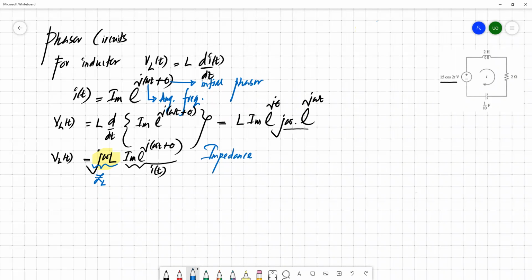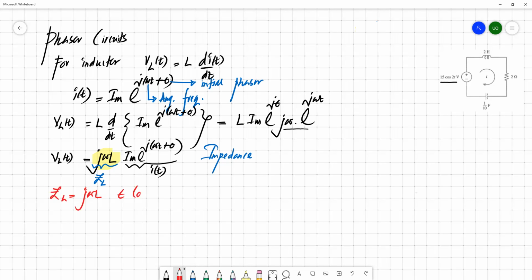From this equation, we can basically get the impedance of the inductor as j omega L. L is the inductance of the inductor, omega is the angular frequency of the source, and j represents the complex domain. So the impedance of the inductor is a kind of complex number.